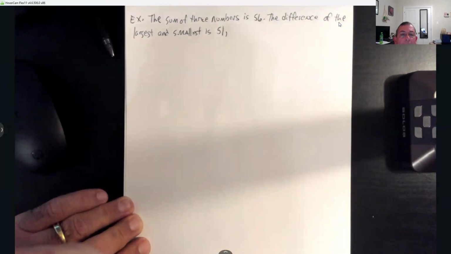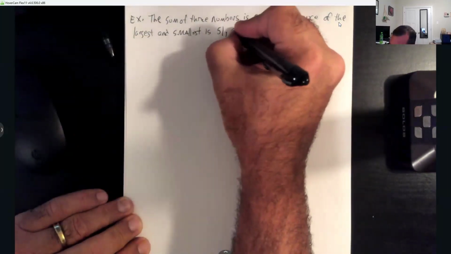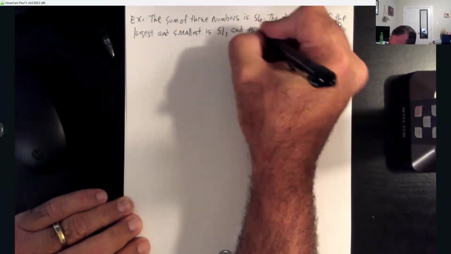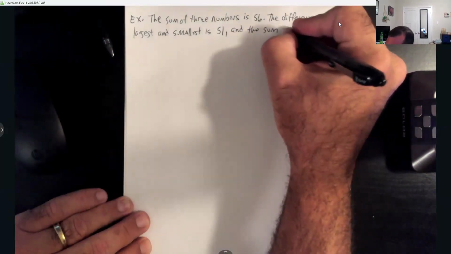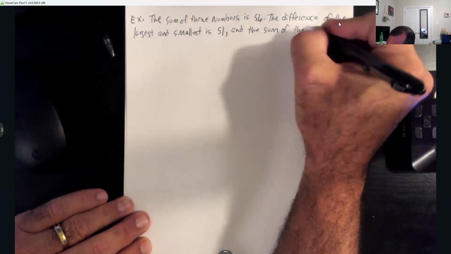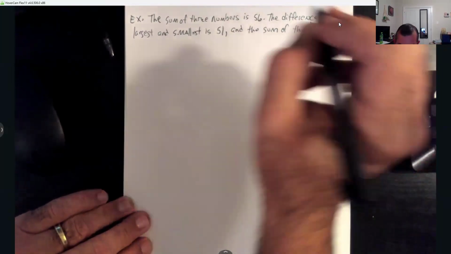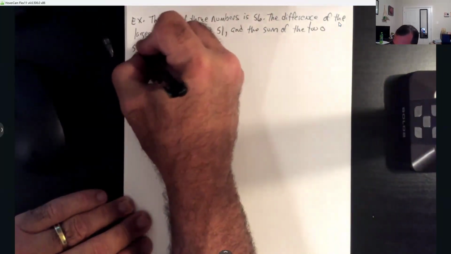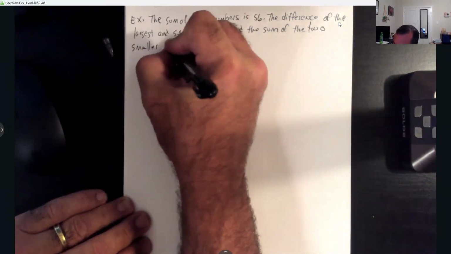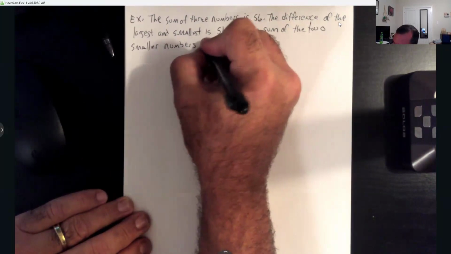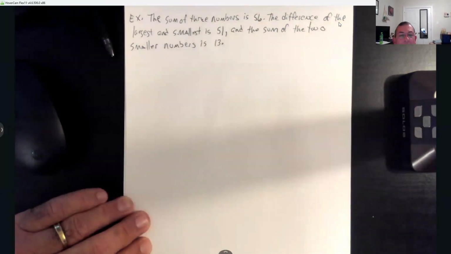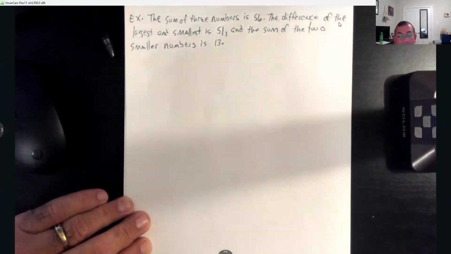And the sum of the 2 smaller numbers is 13. And then they say, find the numbers.